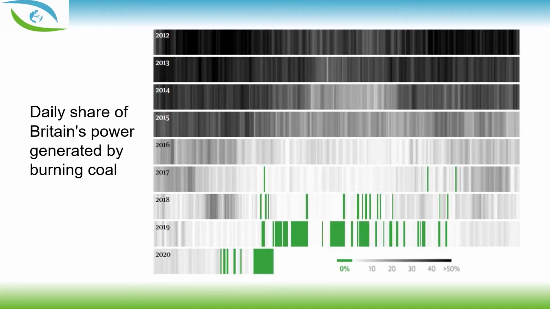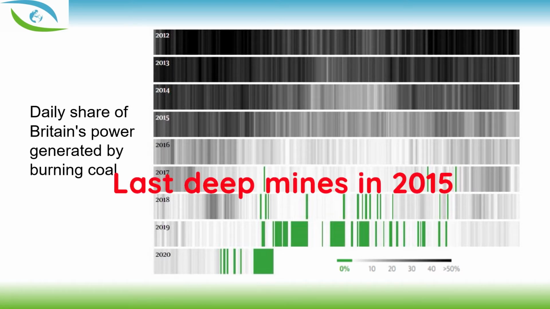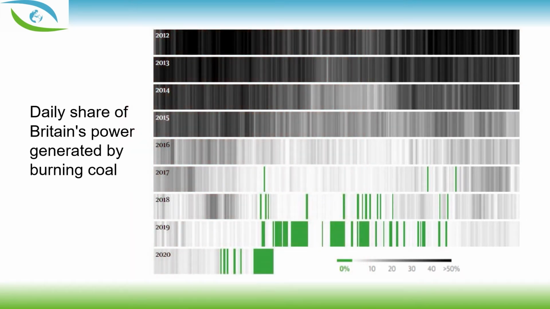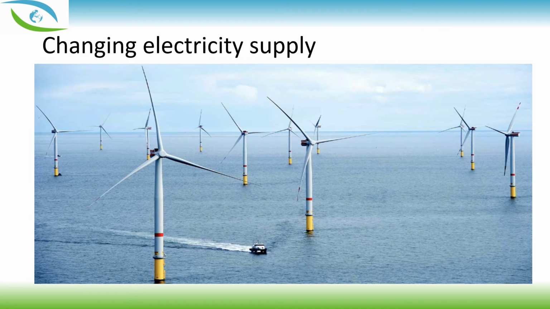The production of deep mine coal in particular has declined steadily, with the last 3 large deep mines all closing in 2015. Emissions from coal mining and handling have fallen from 21 megatons in 1990 to only half a megaton in 2018. The national electricity grid has decarbonised and become cleaner each year over the last decade.